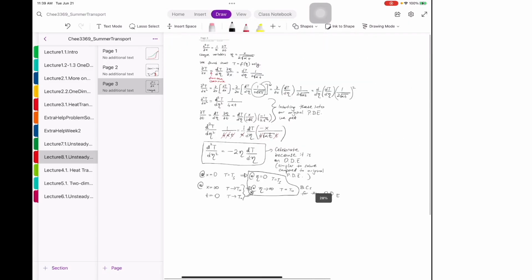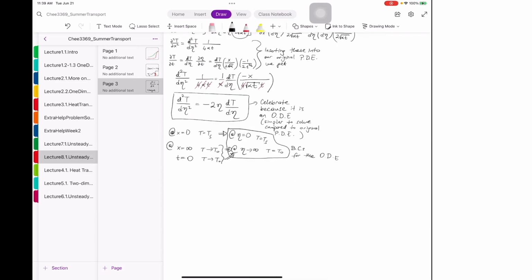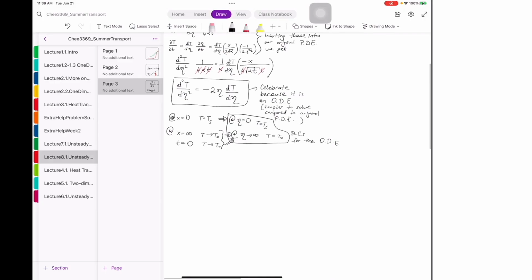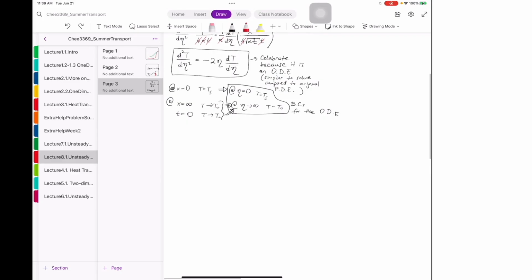Now, how are we going to solve this equation? We are going to basically have a look at this dT over d eta. You can actually declare it to be some function of eta so that you only have one derivative, a first derivative instead of two derivatives, right? So let's call g of eta equal to dT over d eta.